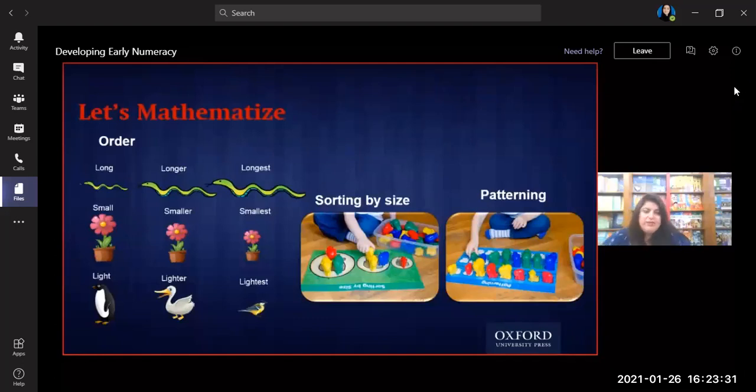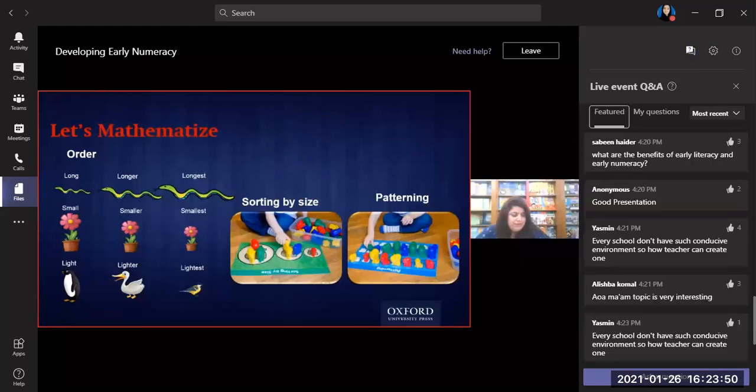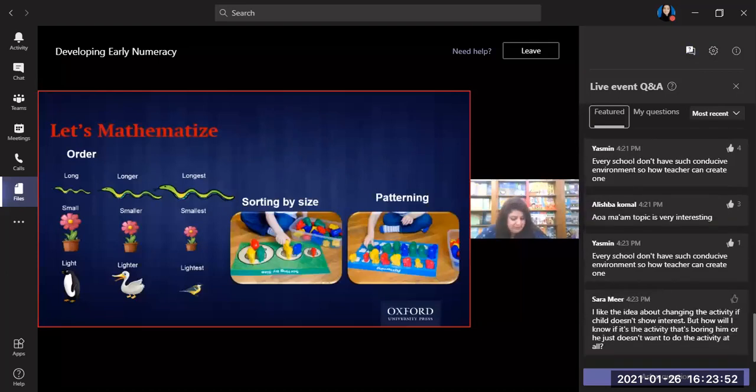And children can also now do activities of sorting, where they can sort by size or sort by color or sort by animals. So then we can also have patterning activities where children are able to make interesting patterns.